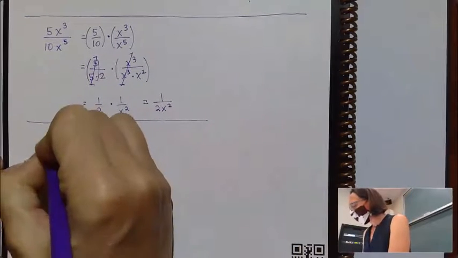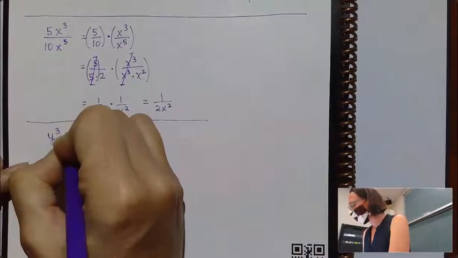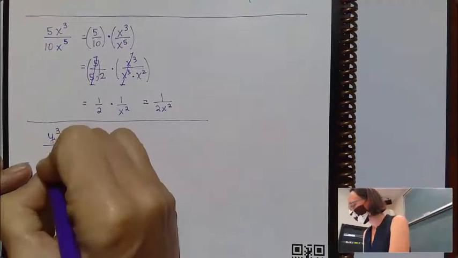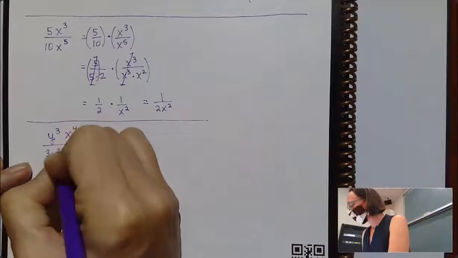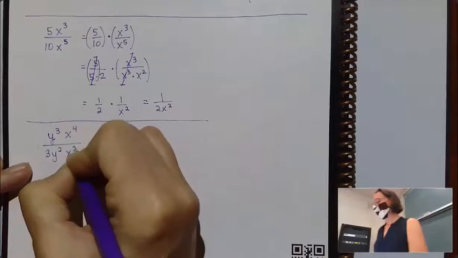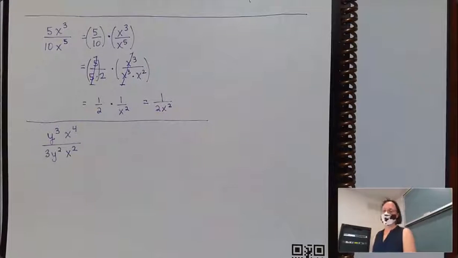Let's say I've got y to the 3rd, x to the 4th over 3y squared, x squared. I've got numbers, I've got y variables, and I've got x variables.